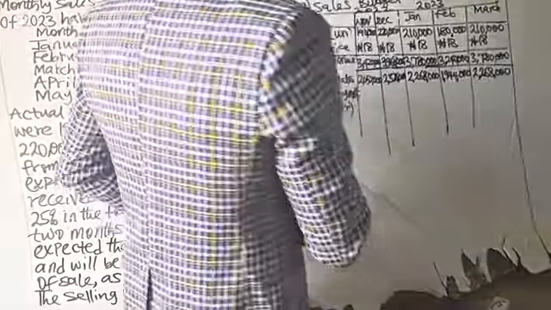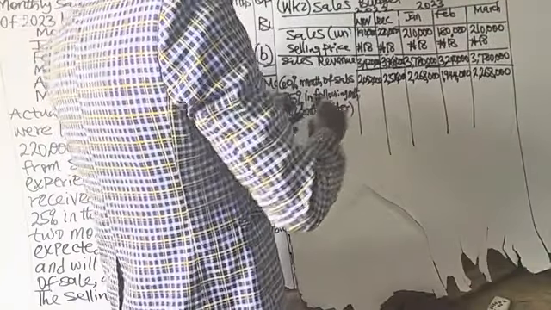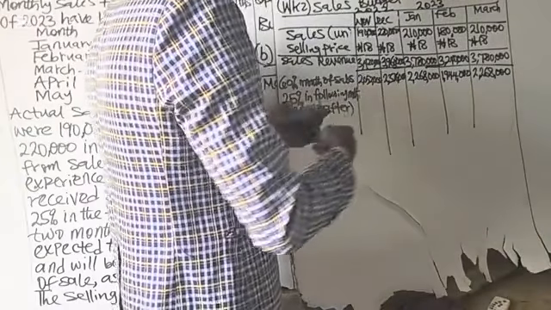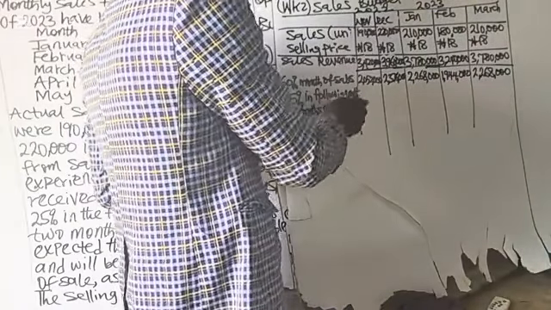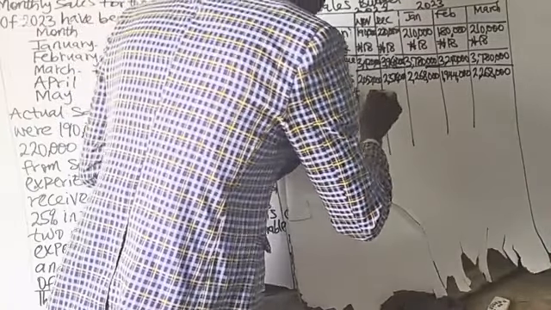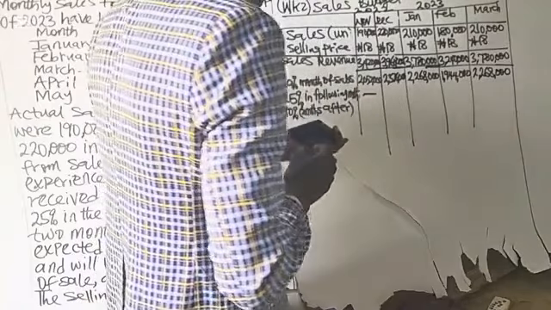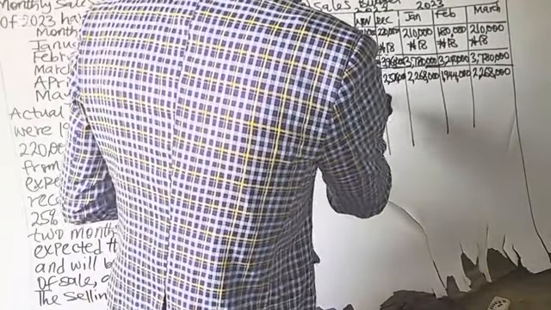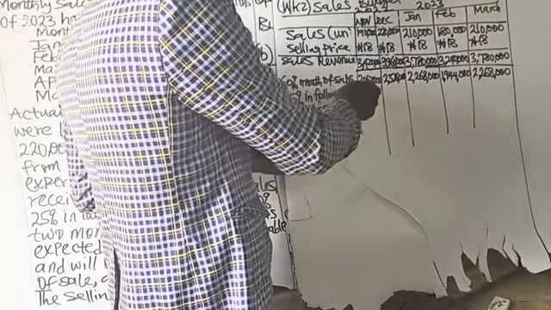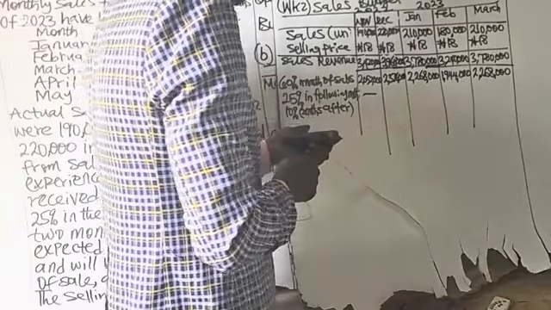Then 25% will be received in the following month. It means 25% of the sales made in November will not be received in November, but in the month that follows, which is December. So we put a dash in November, since nothing of that 25% will be received in November.